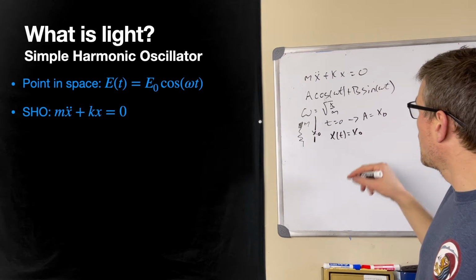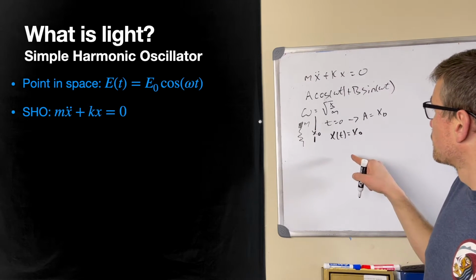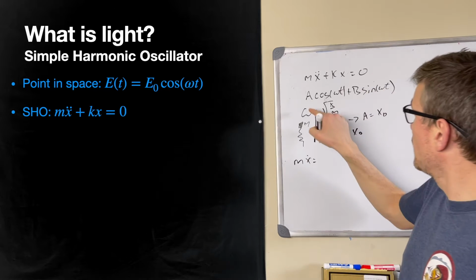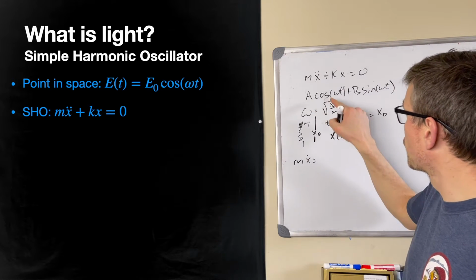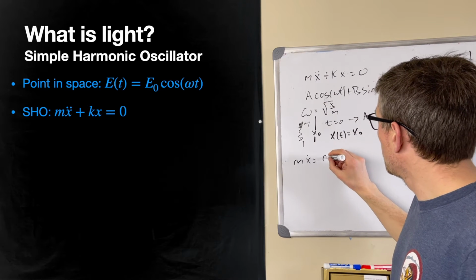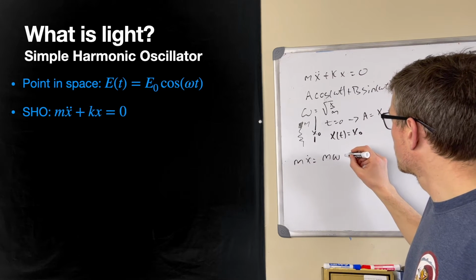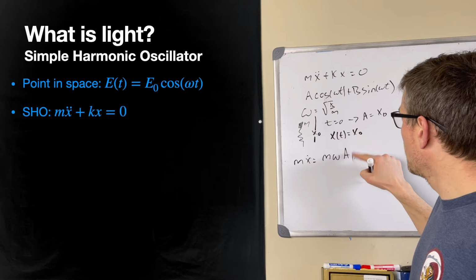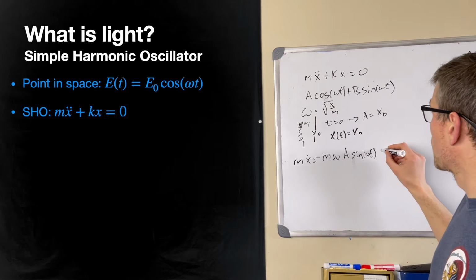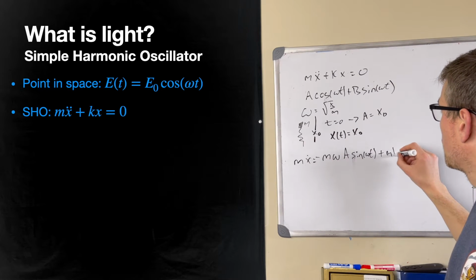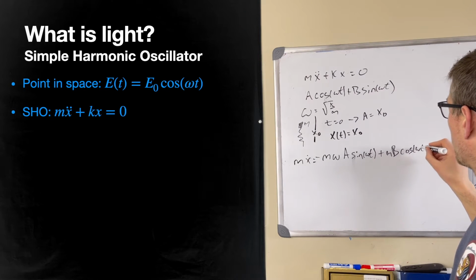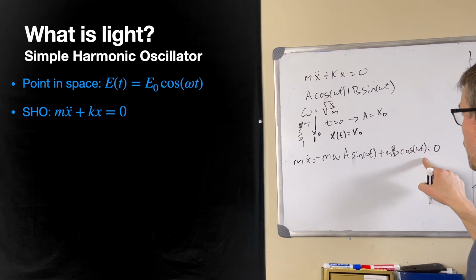Okay, and let's take the momentum. So remember, the momentum is mv, or m x dot, and here that's going to be the derivative of this. It tells us that the derivative of cos is minus sine, so it's going to be minus m omega times a times sine of omega t plus m omega times b of cosine of omega t is equal to 0.